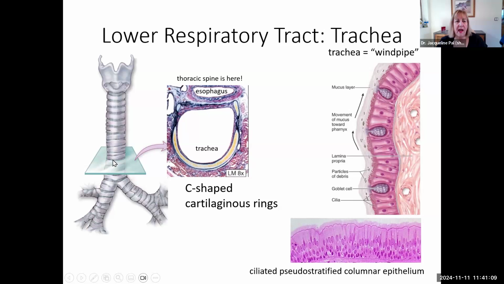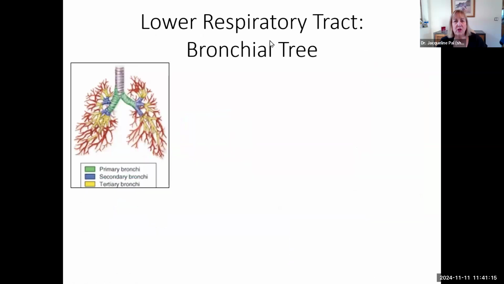Continuing along our pathway, once we get to the lower border of our trachea, we are going to go into what we call our bronchial tree. So we will divide into two. Our first bronchus is going to be called our primary bronchus. We have one on each side. It is green in this picture.